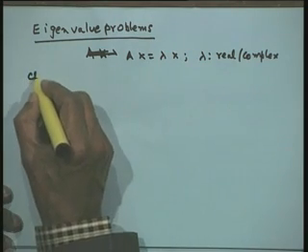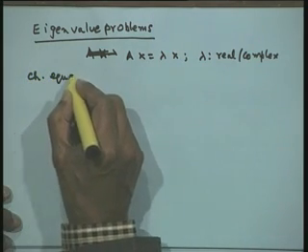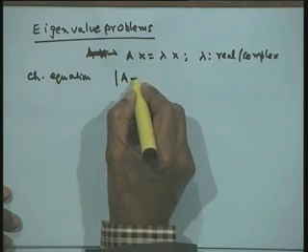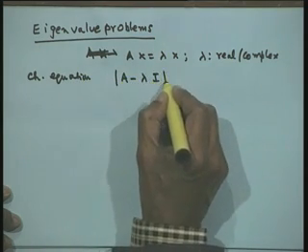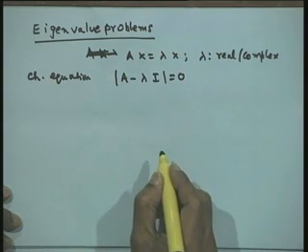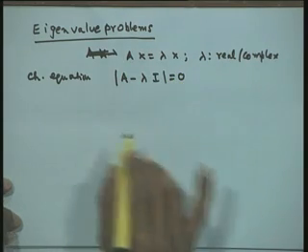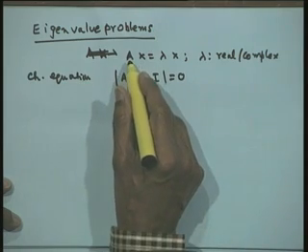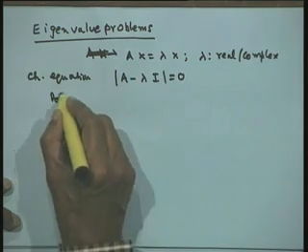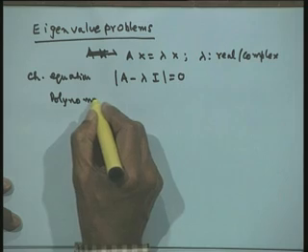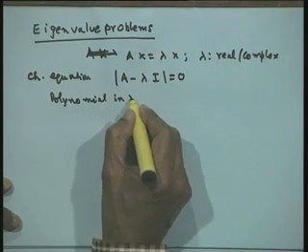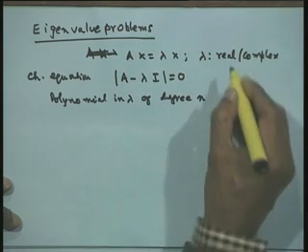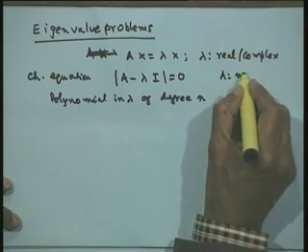Then we have defined the characteristic equation as the determinant of A minus lambda I. If I expand this, it is a polynomial in lambda of degree n, since we have taken A as an n by n matrix.